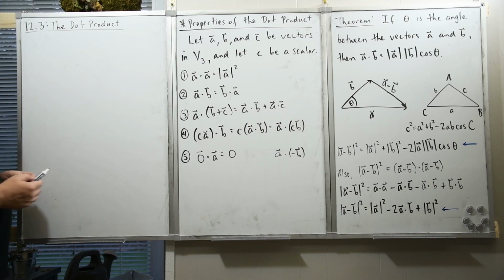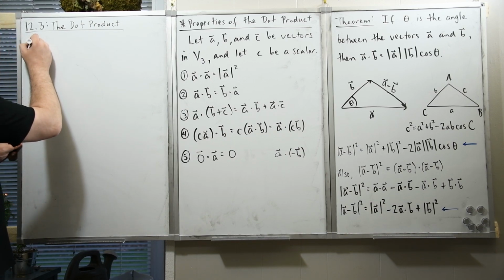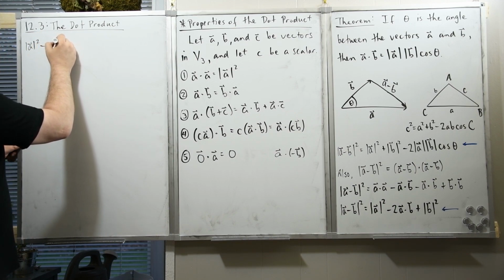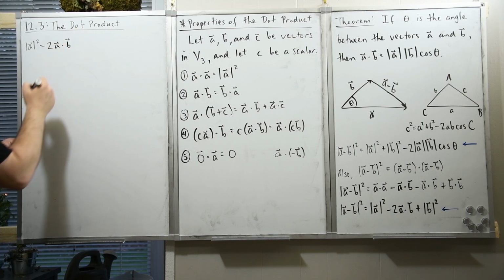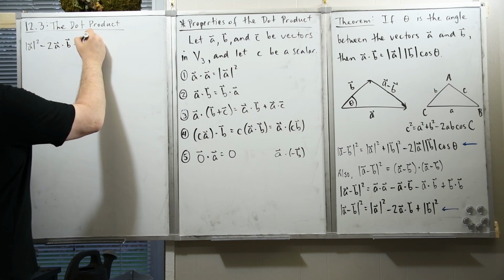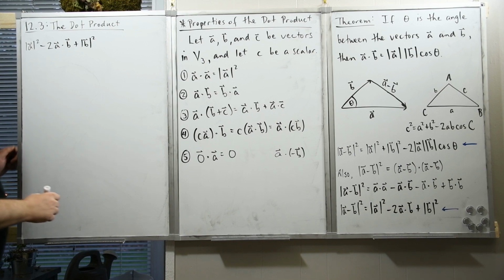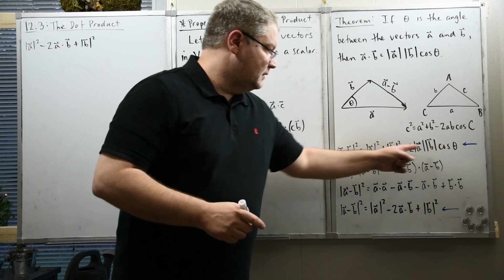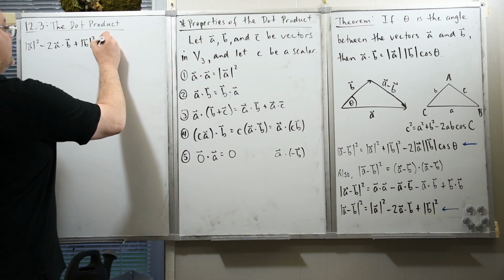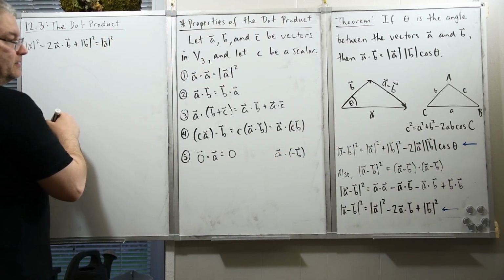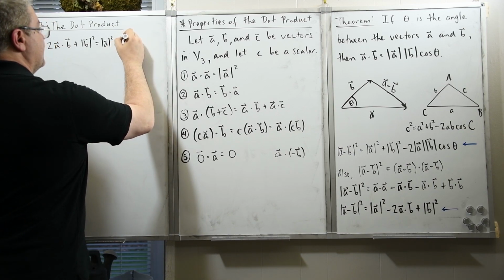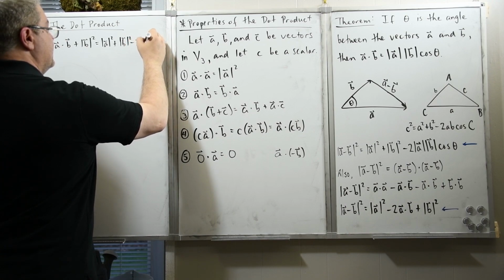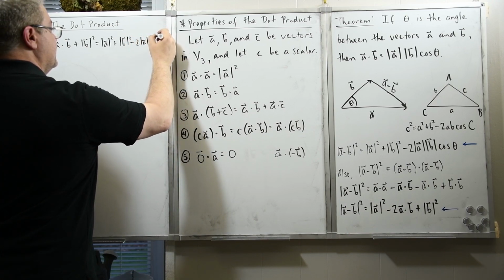Now what this tells us is that the square of the magnitude of a minus 2 times the dot product of a and b plus the square of the magnitude of b, well, that's this part here, is equal to this expression. So it's equal to the square of the magnitude of a plus the square of the magnitude of b minus 2 times magnitude a times magnitude b cosine theta.